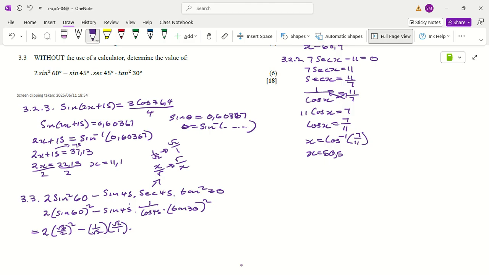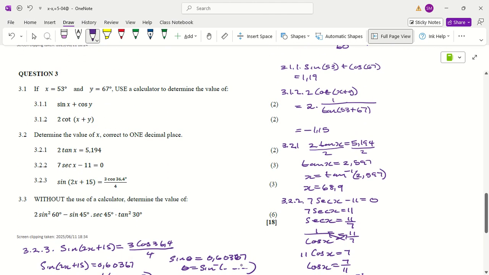And then now tan is what? Is 1 over root 3 squared. And then this would give you 3 over 2 minus 1 over 3. And your answer would be 7 over 6. So very simple there.